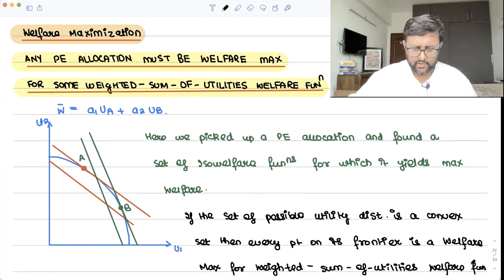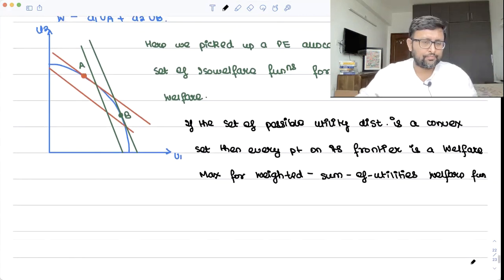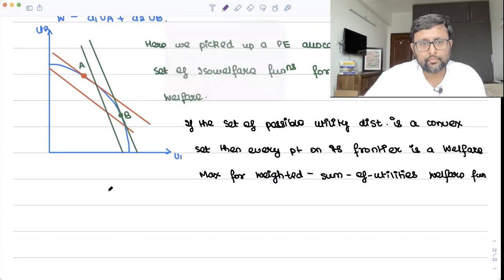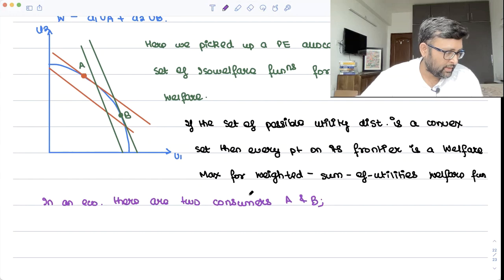So let's look at one example. So I hope you understood this. So supposedly, in an economy, there are two consumers, A and B, right?